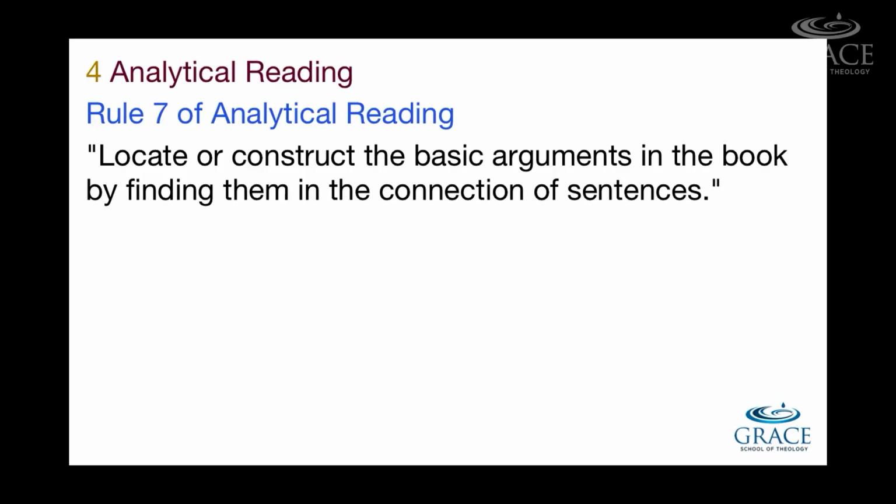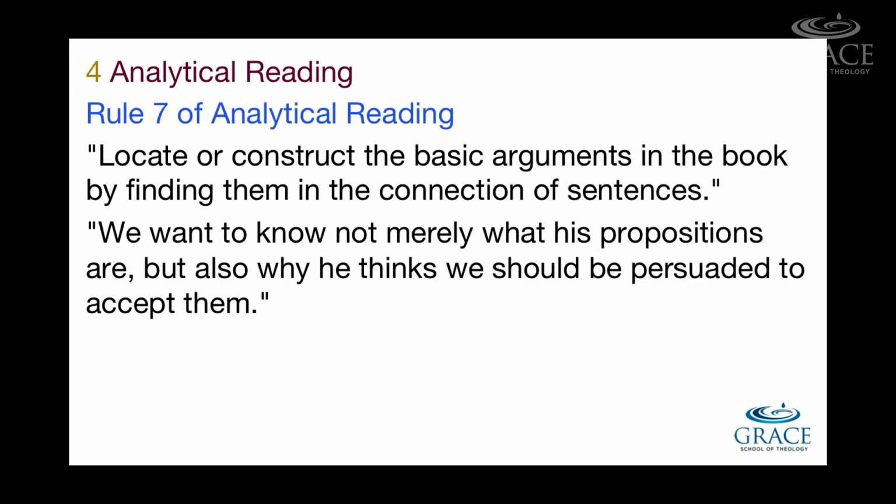And finally, Rule 7: locate or construct the basic arguments in the book by finding them in the connection of sentences. We want to know not merely what his propositions are, but also why he thinks we should be persuaded to accept them. So we're looking for the author's argument. We're looking for his flow of thought. We're looking for his theme.